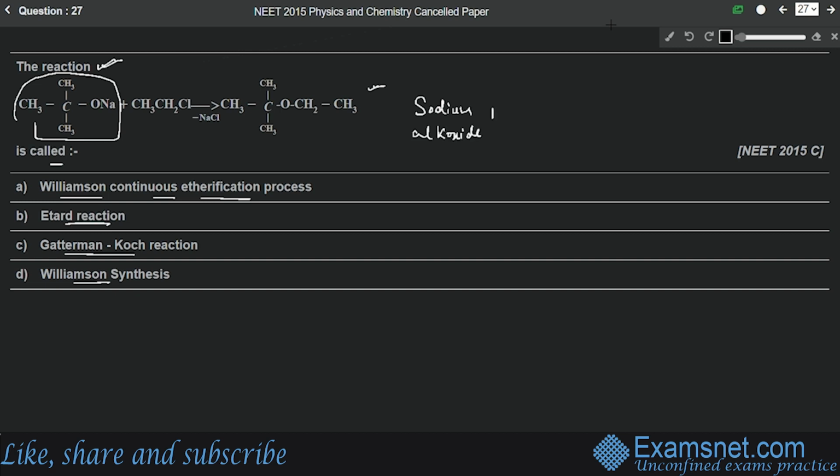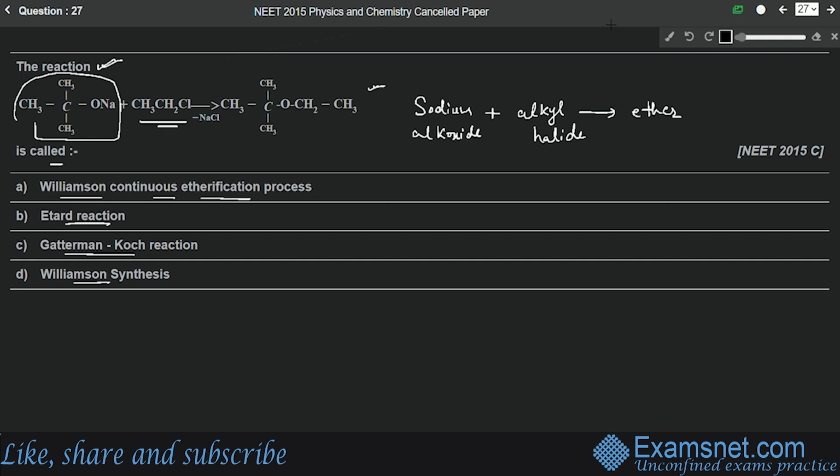Then it is reacting with an alkyl halide. As a result, what is formed? Ether is formed. So we know that this process is known as Williamson synthesis.